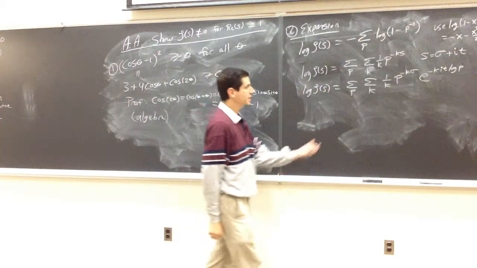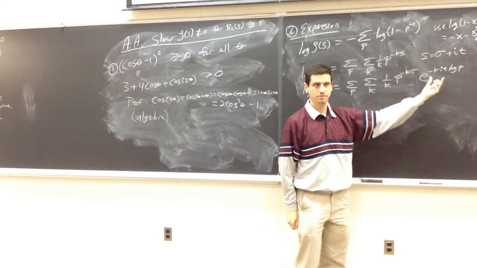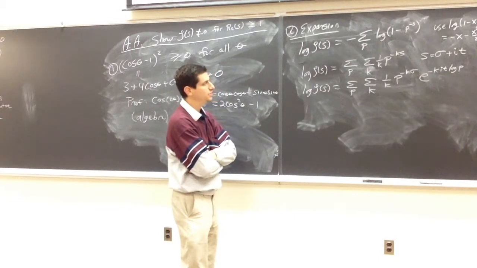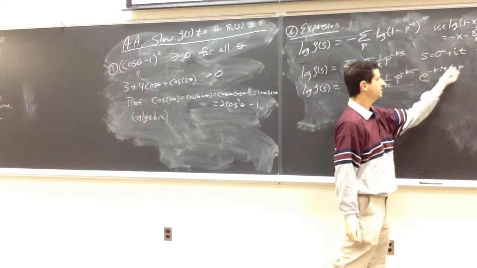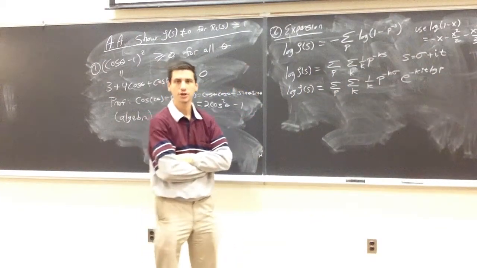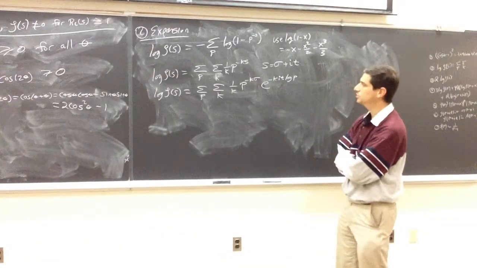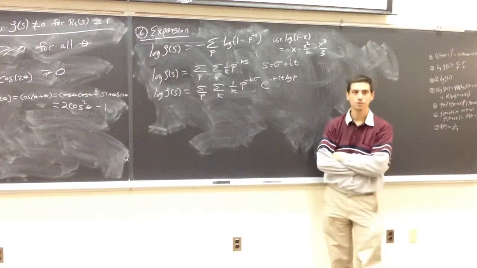What's nice about writing it like this is this is the magnitude and this is the direction. And so the angle here is going to be like k t log p, maybe with a 2 pi or divided by 2 pi, depending on how you want to normalize things and define things. Okay? So we have an expansion for the log of zeta of s. This is just coming from the Euler product.